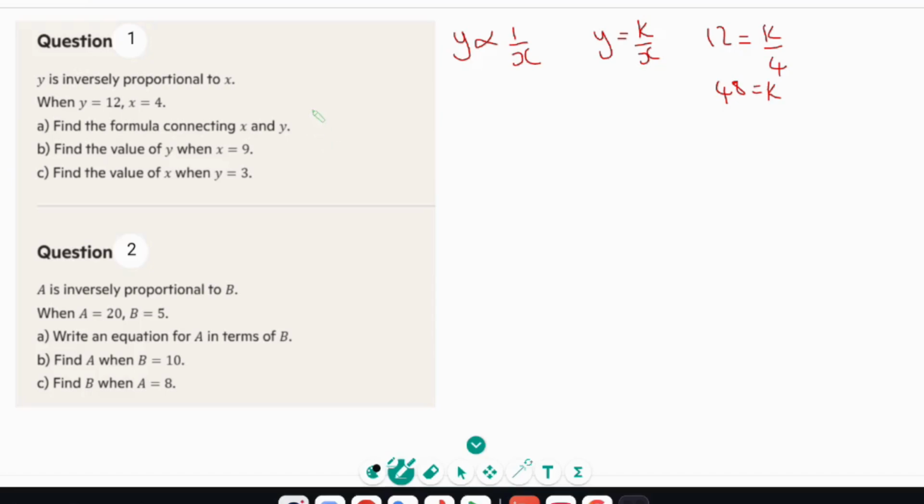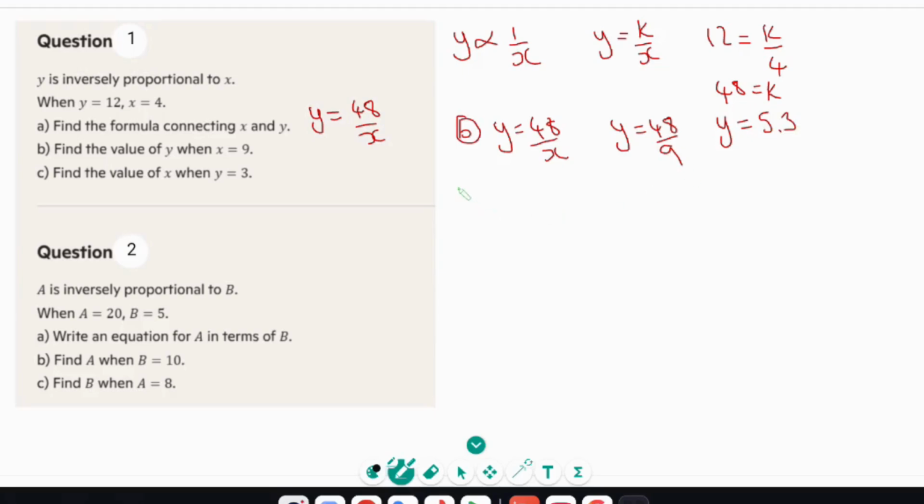My formula connecting X and Y is Y equal to 48 over X. Find the value of Y when X is 9. So 48 divided by 9, 5.3 recurring. So for B, Y is 5.3.